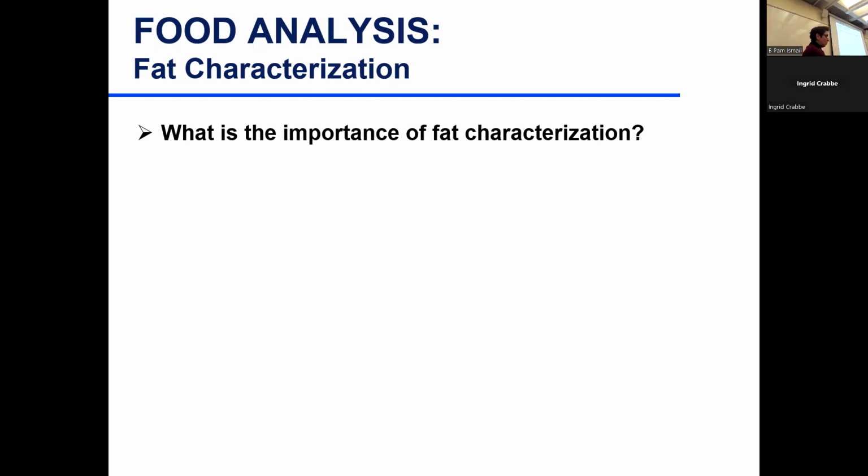With unsaturation, you have more double bonds, so you have more places for those double bonds to break down and form peroxides. Okay, and are free fatty acids more prone to oxidation, or are triglycerides more prone to oxidation? Free fatty acids. Free fatty acids are more prone to oxidation than fatty acids esterified to your glycerol.